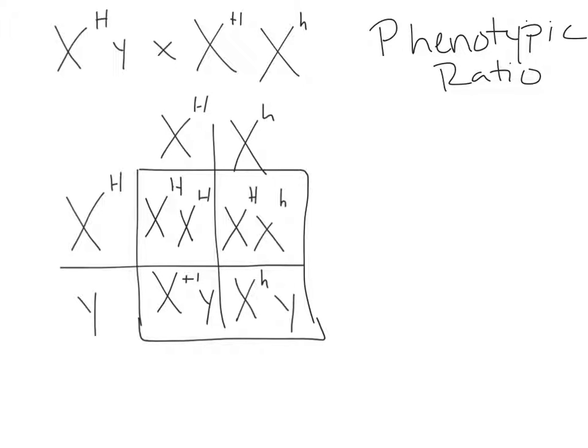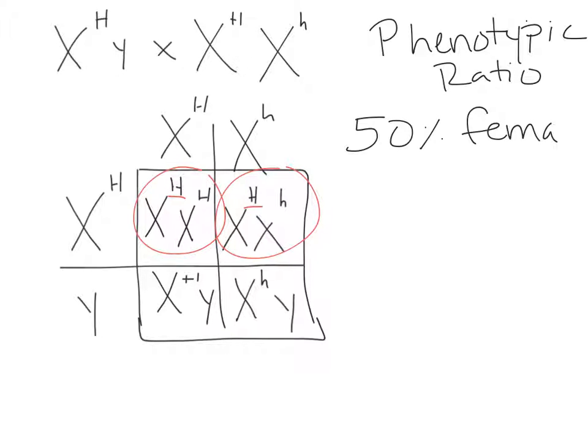If we look at the top 2 boxes, we see that these are both females, and they have at least one copy of the big H allele, which means they are both normal, healthy individuals. So we have 50% females who are healthy.